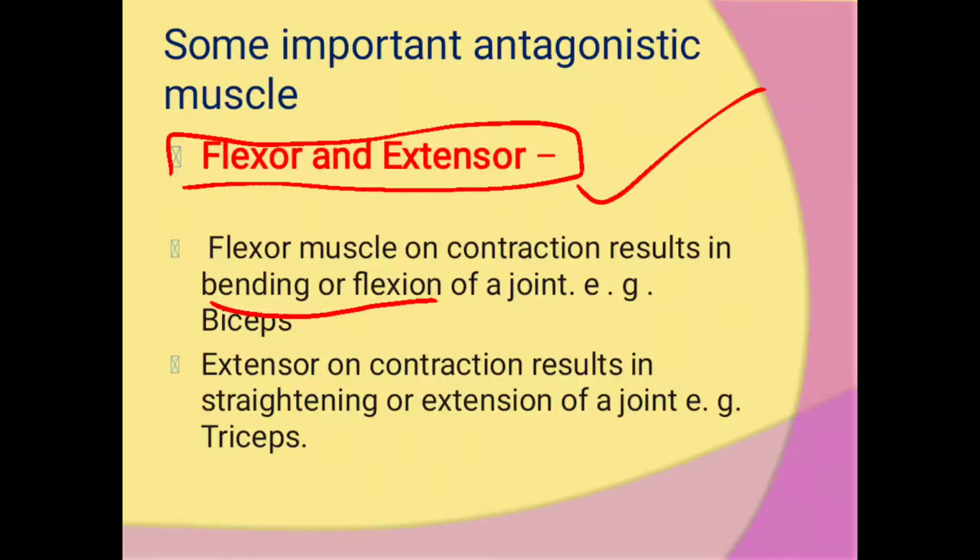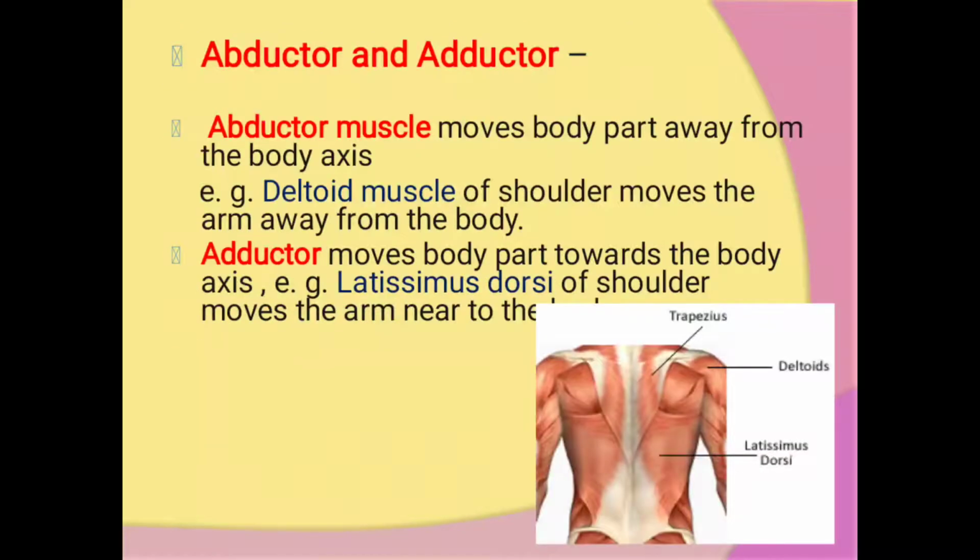Now let's study the next example, the abductor and adductor. Abductor muscles move a body part away from the body axis. The example is the deltoid muscle of the shoulder, which moves the arm away from the body. In this diagram I have shown you these deltoid muscles.